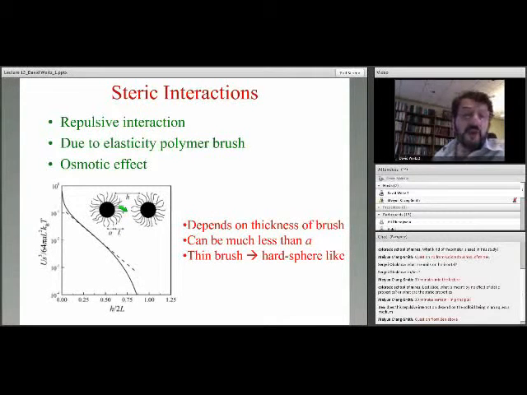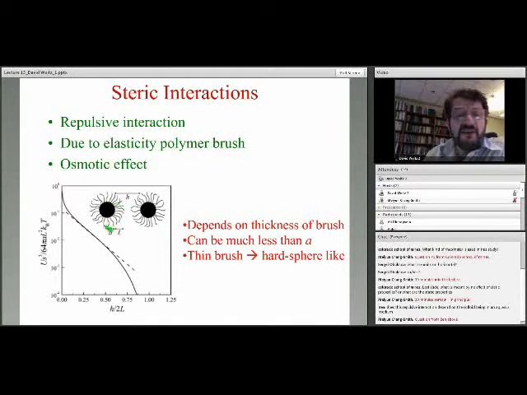This is called a steric interaction. It's essentially an osmotic effect. You just can't push the polymers and increase the concentration, because the polymers are spreading to be as widespread as they can. As a result, you get a repulsive interaction. That tends to be somewhat shorter range, although it depends on the length of the polymers, on the length of the brush.